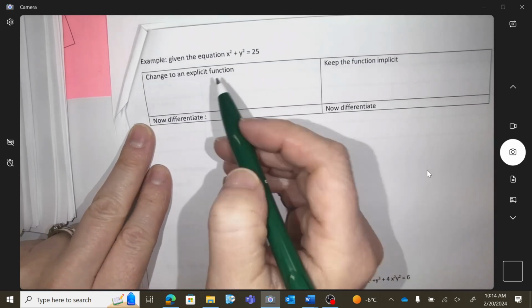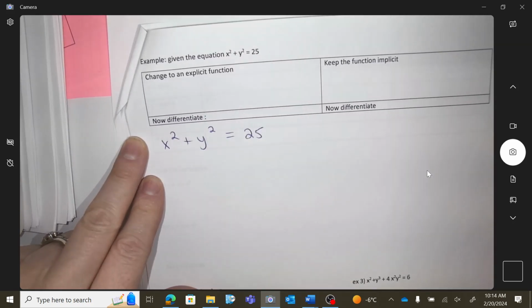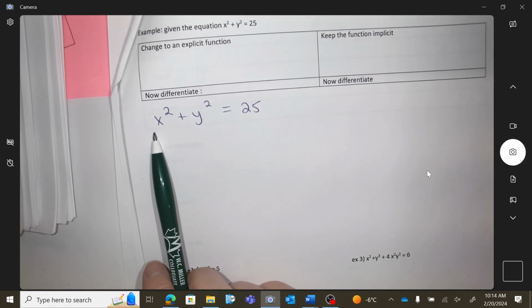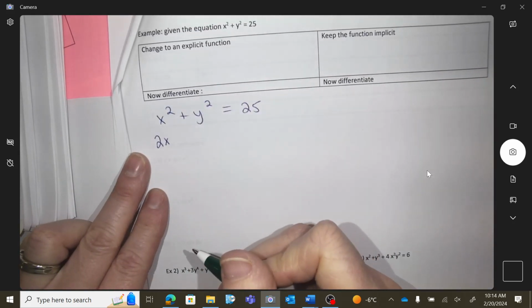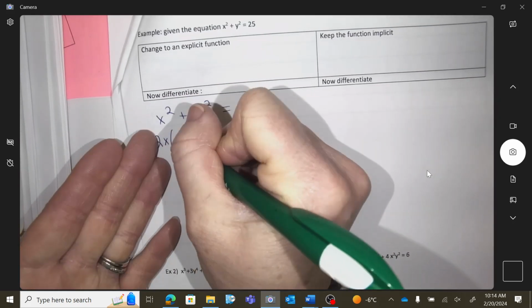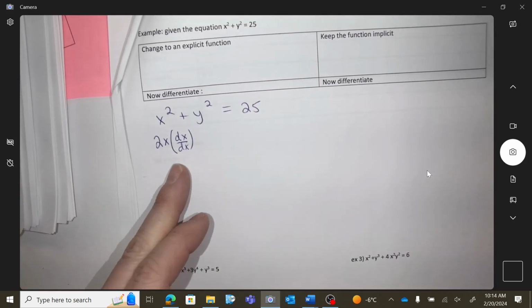So if I derive this equation, here's what we're going to do. We're going to derive. So what's the derivative of x squared? 2x. Okay? I'm going to attach it now, but we don't need to do it. And then I did that derivative of x with respect to x.